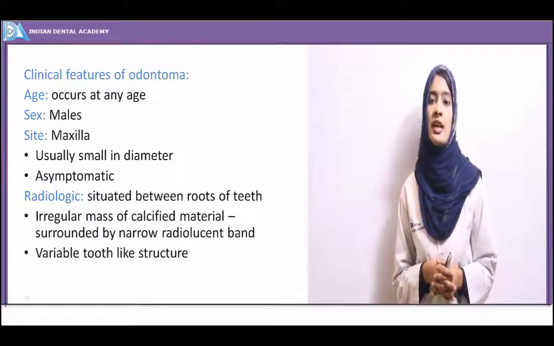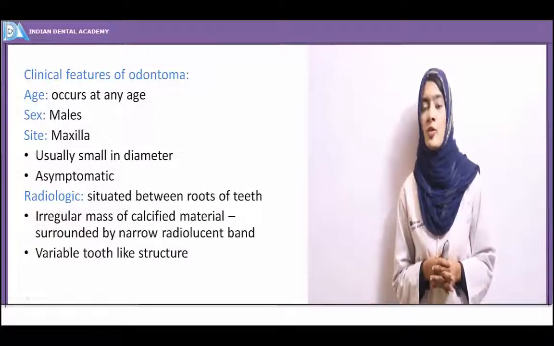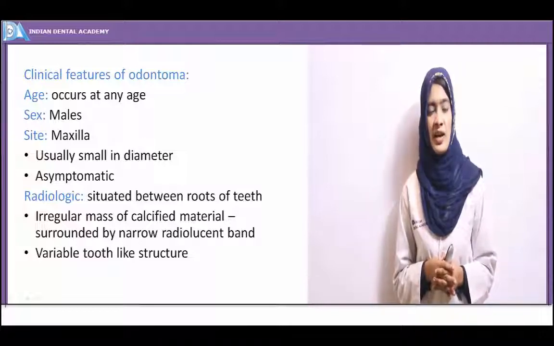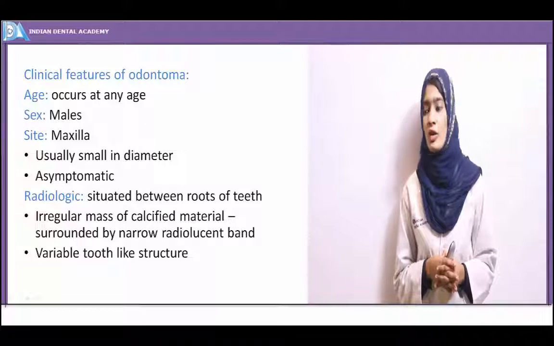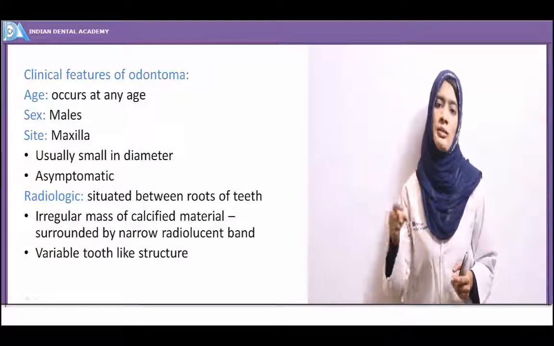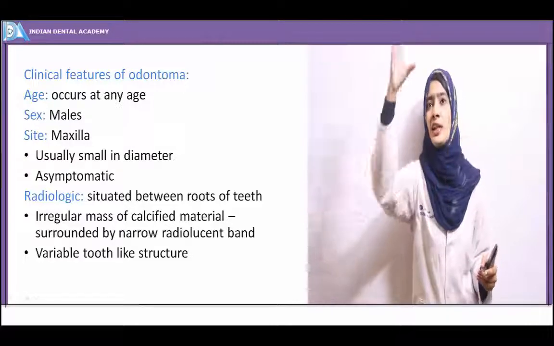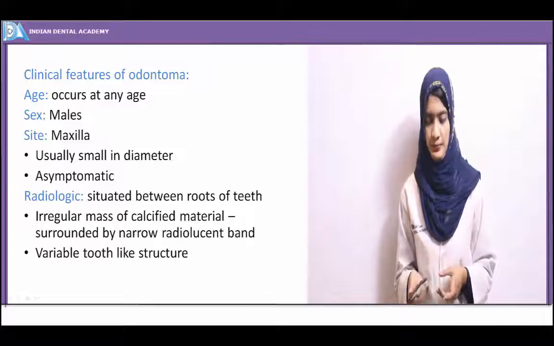It is just detected on radiographic examination only. Clinically, it is asymptomatic. The radiographic picture shows that some calcified mass is present between the roots of the teeth. The irregular calcified mass is surrounded by a narrow radiolucent band. Sometimes tooth-like or cusp-like structures may be seen between the roots of teeth.